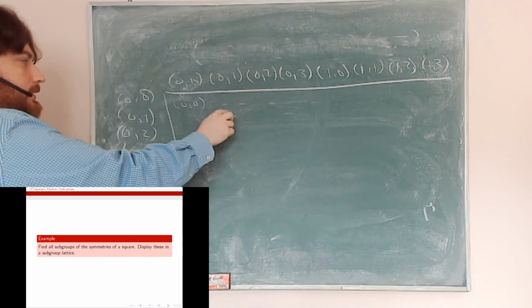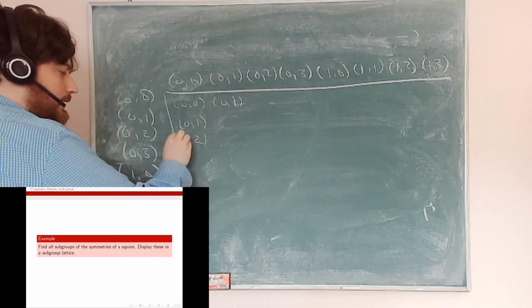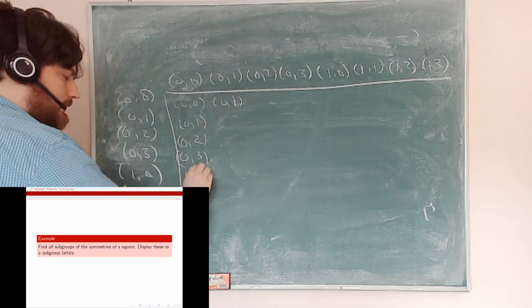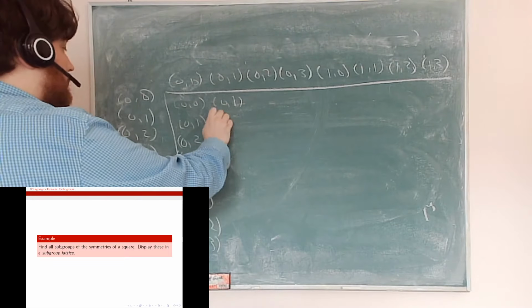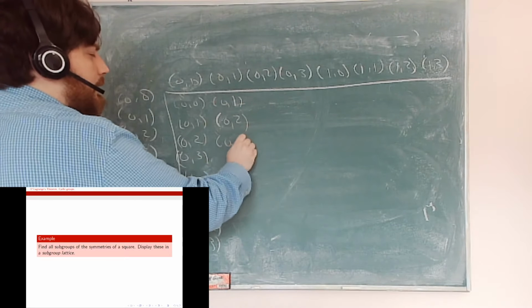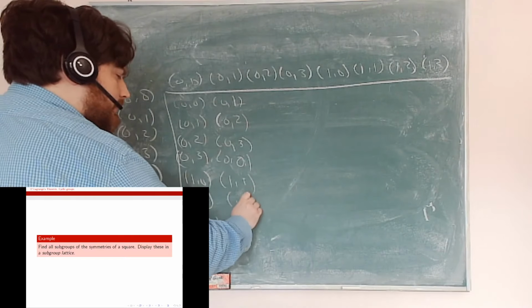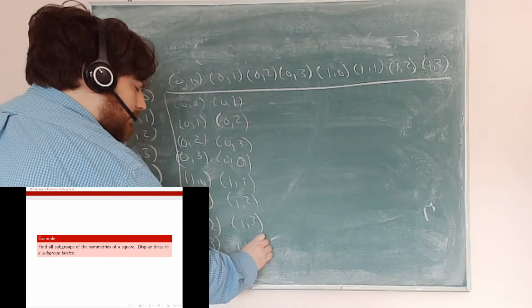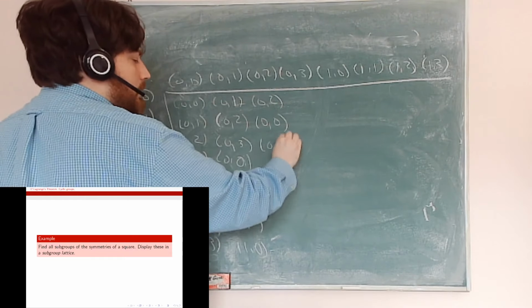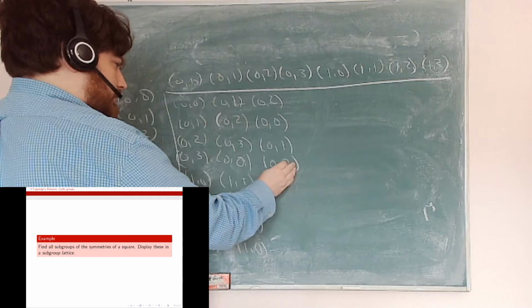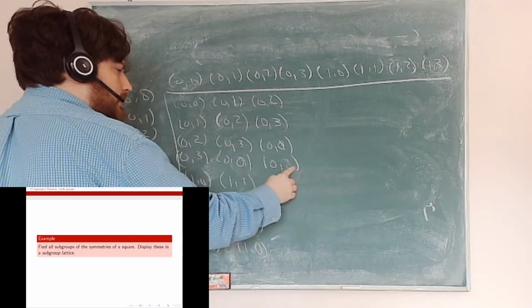If I add 0,1, I'm going to get 0,1, 0,2, 0,3, 1,0, 1,1, 1,2, 1,3, and so on. Sorry, this should be 0,3, 0,0, 0,1.